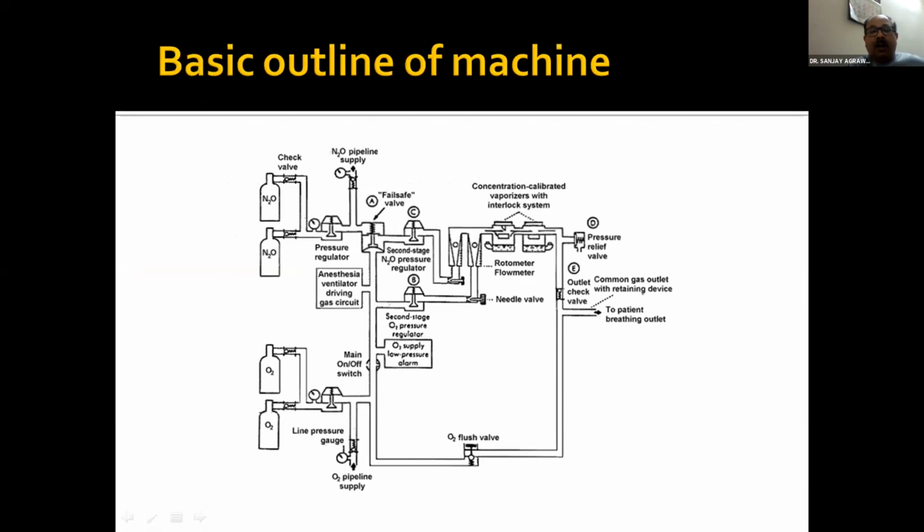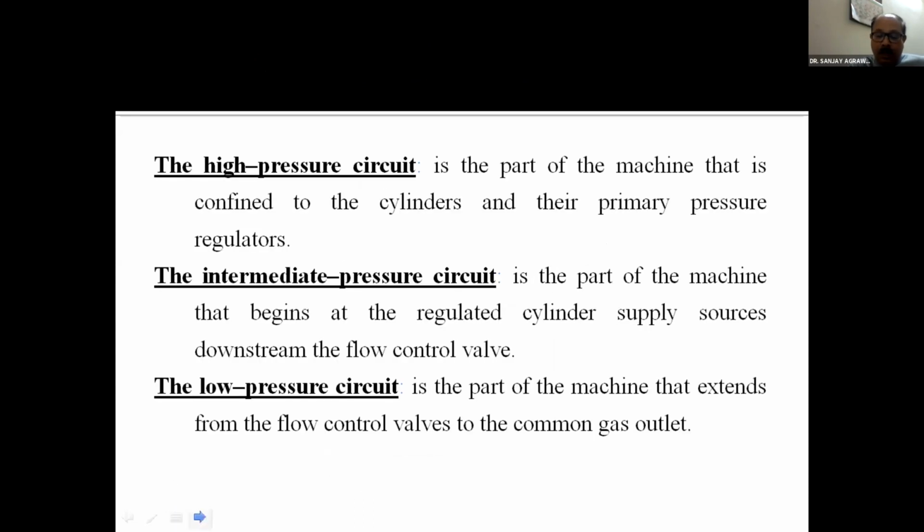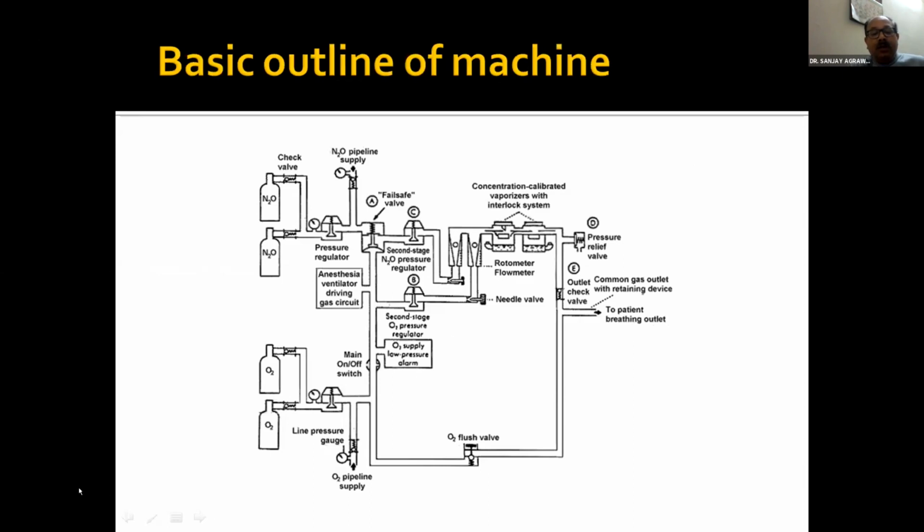And this is the basic outline of an anesthesia machine. We all know that the anesthesia machine is basically divided into three main components according to the pressure system: the high pressure, the intermediate pressure, and the low pressure system. The high pressure system starts from this end. It starts from the cylinders and comes down to the Bourdon gauge and the pressure regulator.